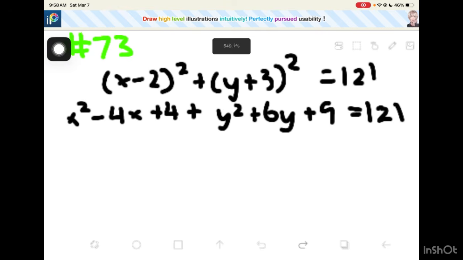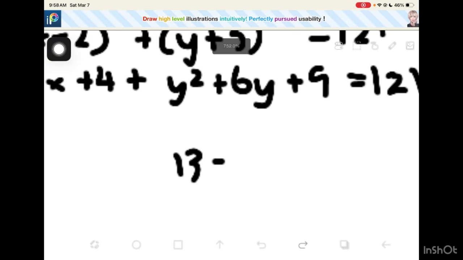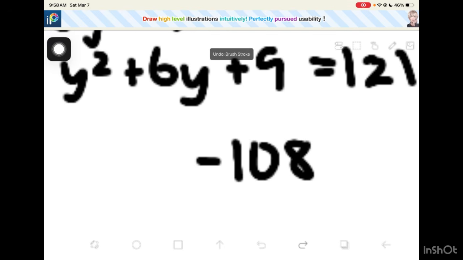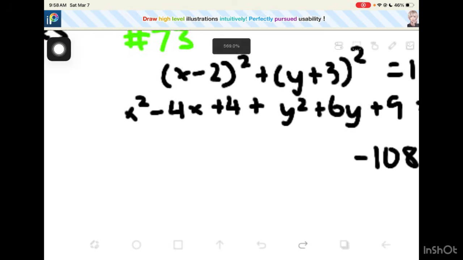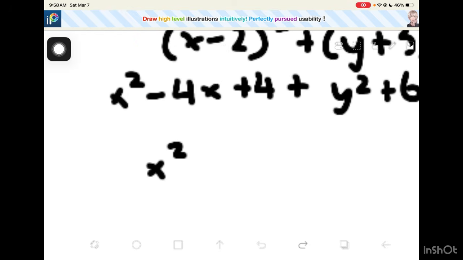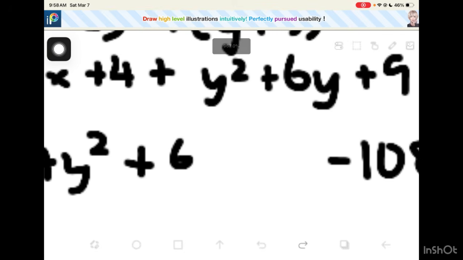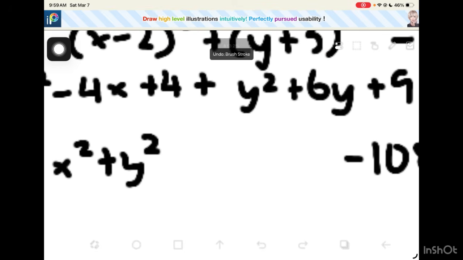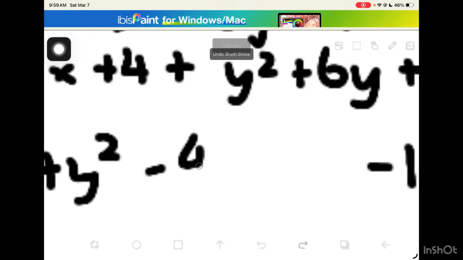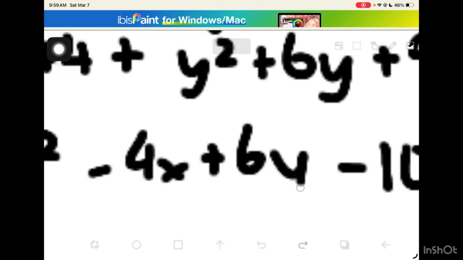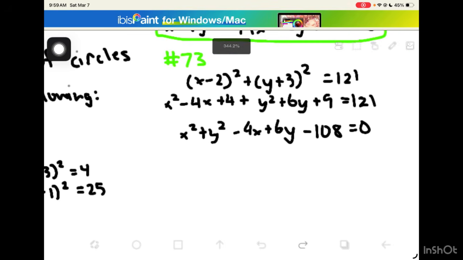So this becomes 4 plus 9, 13. 13 minus 121 is equal to negative 108. So this one becomes negative 108 equals 0. Then we just put everything else in order. x squared plus y squared minus 4x plus 6y minus 108 equals 0. And that's the answer.